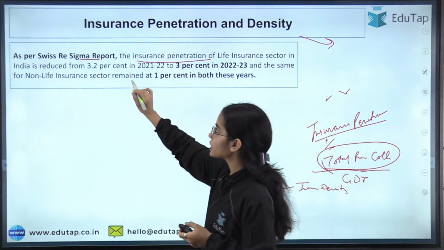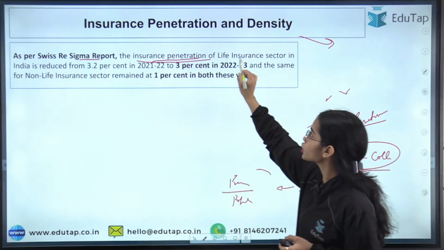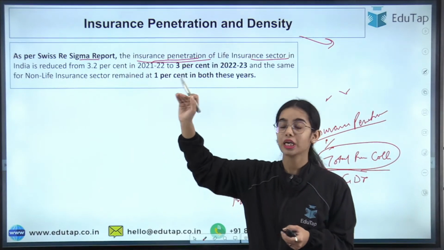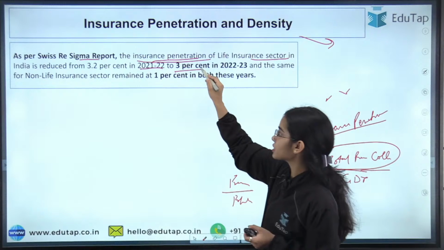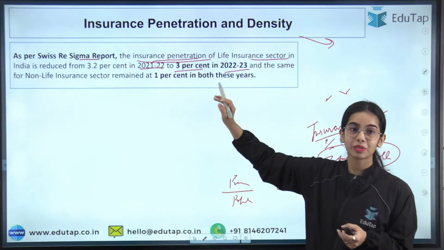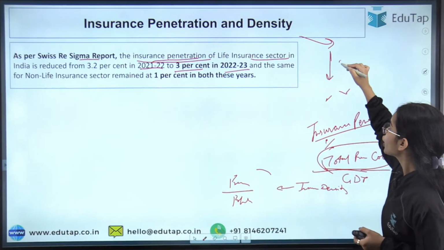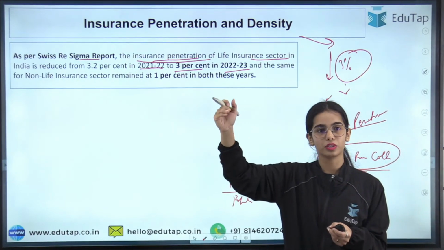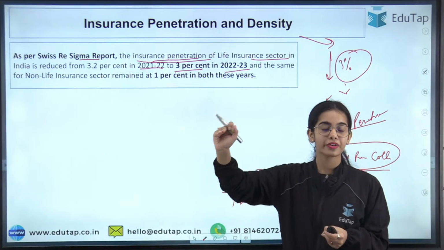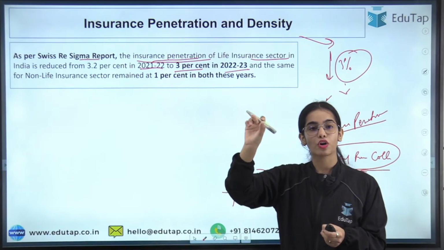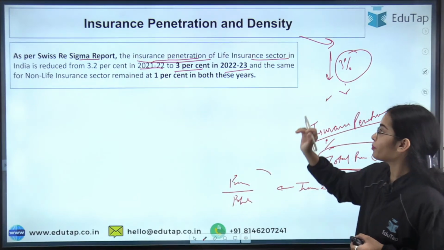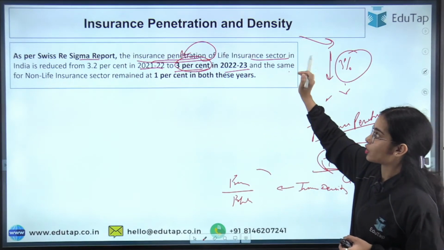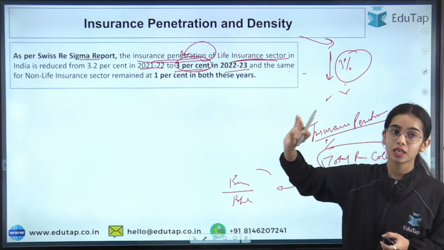As per Swiss Re Sigma report, the insurance penetration of life insurance sector in India is reduced from 3.2% in 2021-22 to 3% in 2022-23. That means the percentage of total premium collected against the GDP has become 3%.